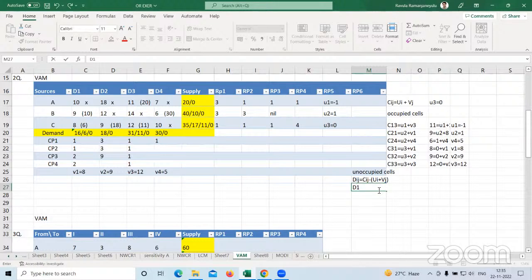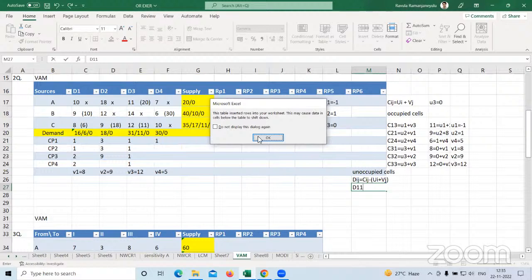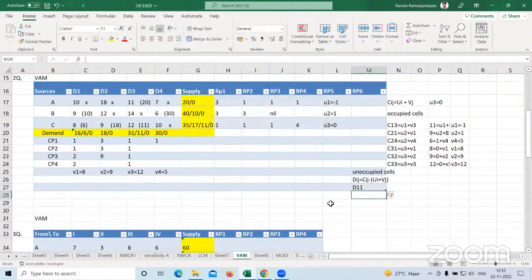D11. Right? Getting my point? Unoccupied cells we need to take. This is one unoccupied.